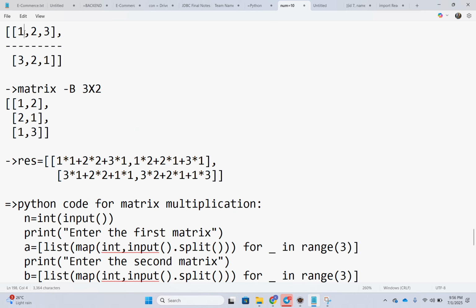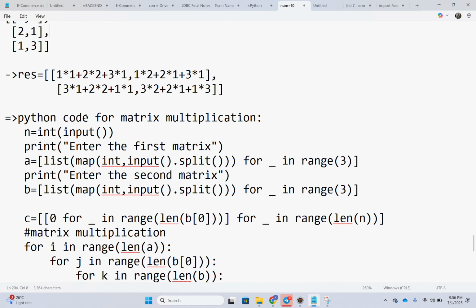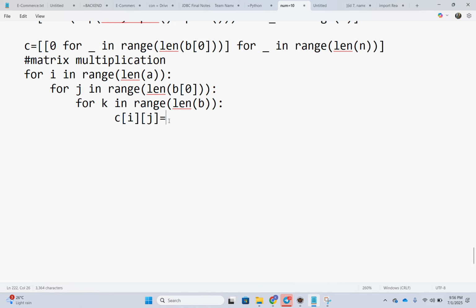So here see, this element will be multiplied to what? This. So this element will be multiplied to what? This. Okay. So for that reason, I'm going to consider A of i, then followed by k.